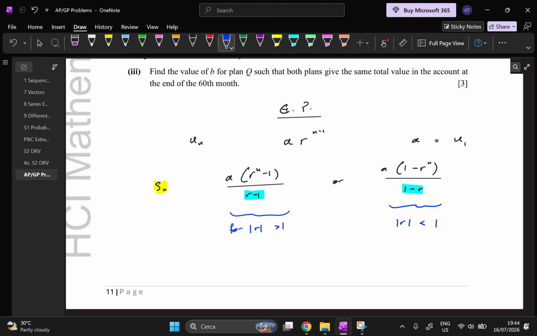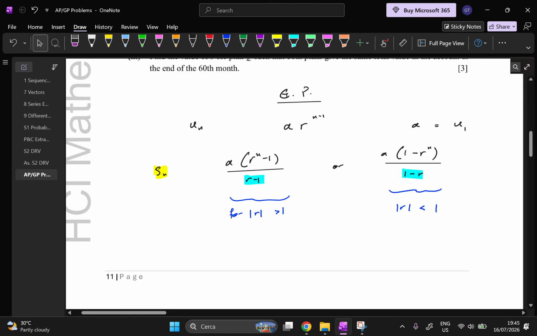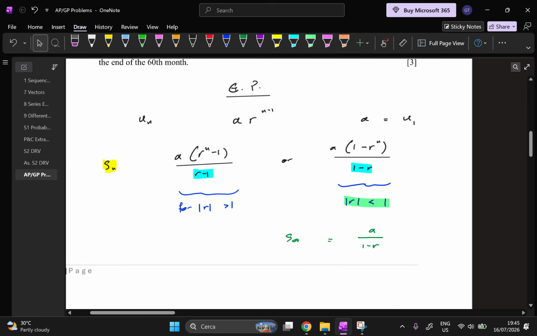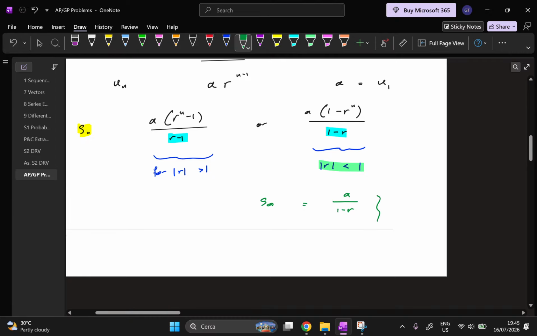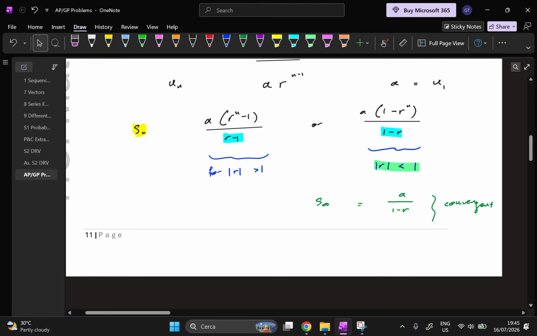So basically, if mod r is less than 1, then it also follows that you have a sum to infinity. If you have a sum to infinity, then it is a over 1 minus r. This only is the case, once again, if mod r is less than 1. In this case, we would say that such a series is convergent, which is to say, if I have a series u1 plus u2 plus u3 plus etc., all the way to infinity, the sum to infinity is some kind of real number.